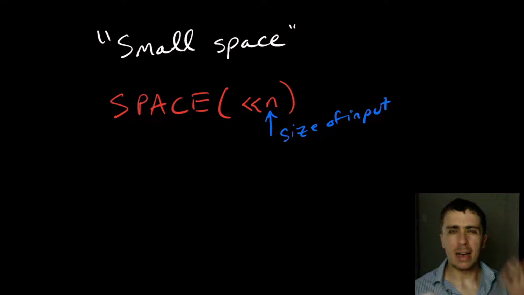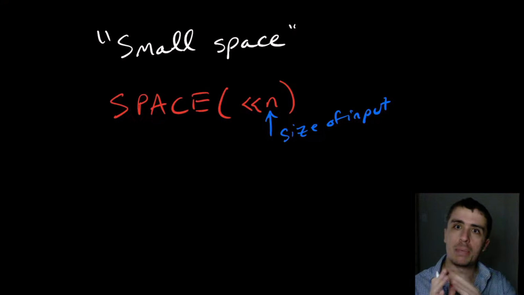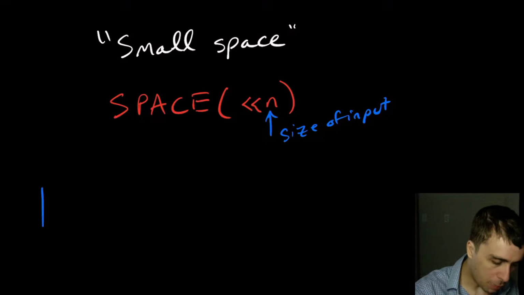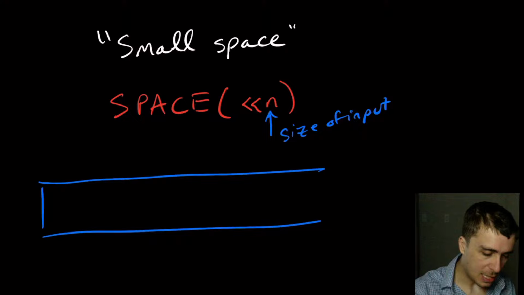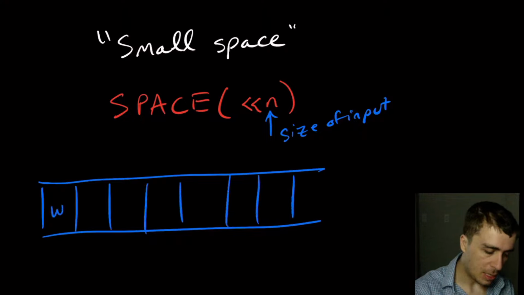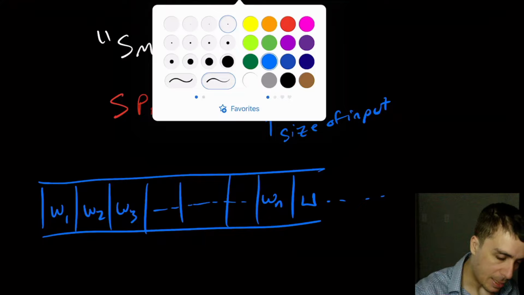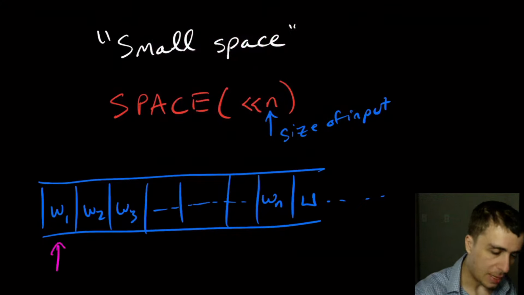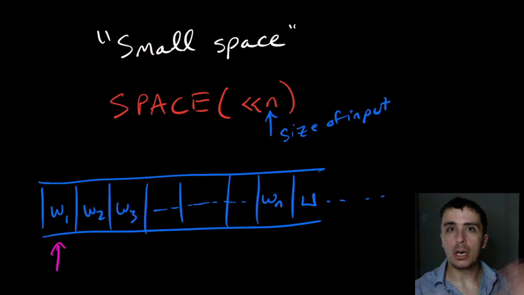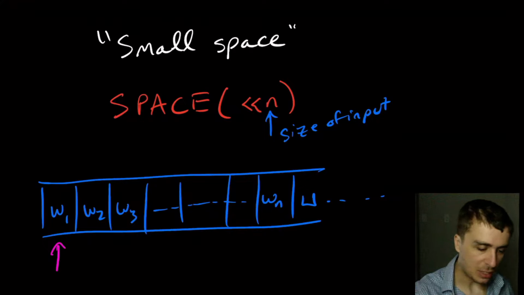But you may think, how is that even possible? Because we define the space function to be the furthest cell that you visit, right? So if we draw out the tape contents and put some input on the tape, the tape head is, let's say, right there.